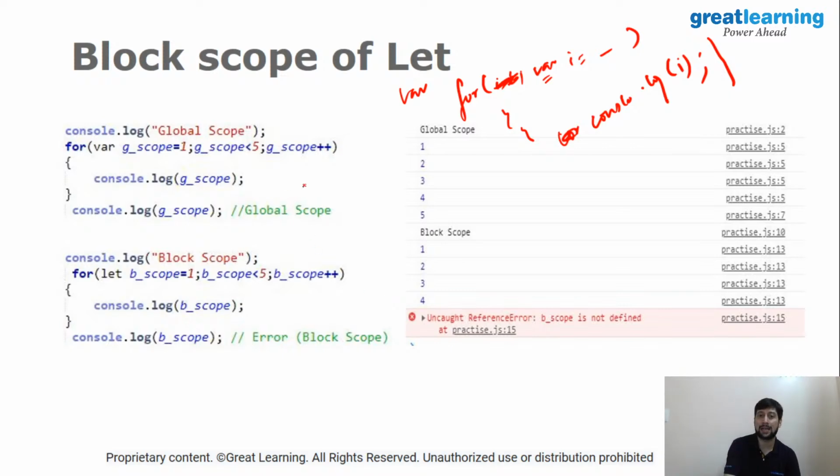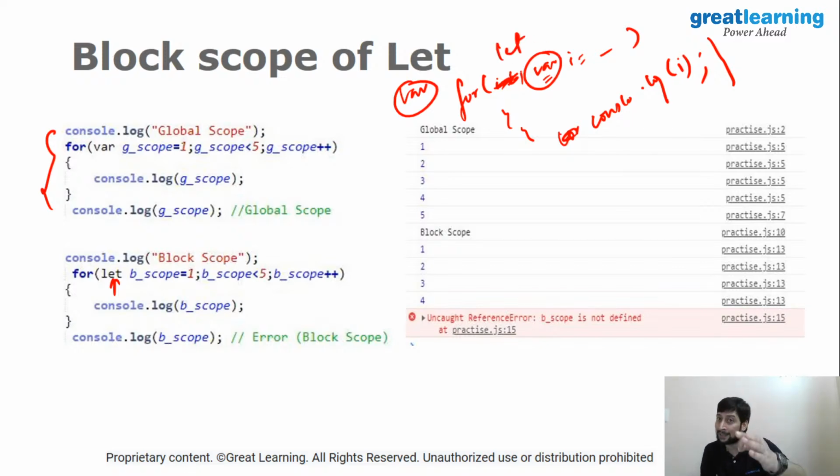So this is known as the scope of var being global. But with the existence of the let keyword, when I'm using the same thing with let instead of a var keyword to create a variable I, and then try to access this I outside the for loop, it will give me the error. So with the help of this let keyword, we were able to maintain the block scope.